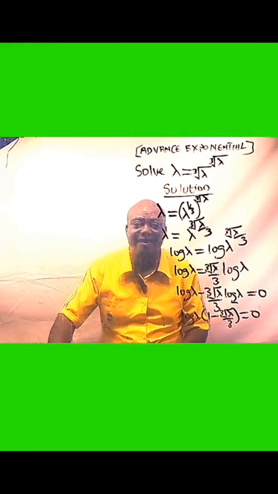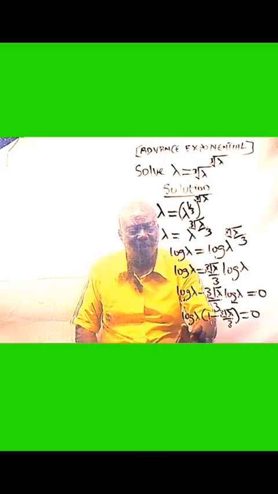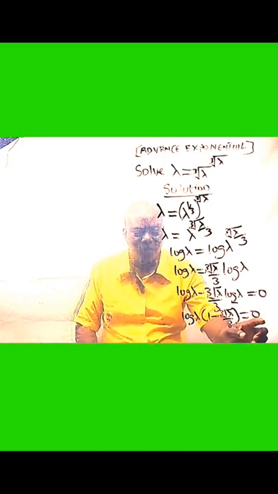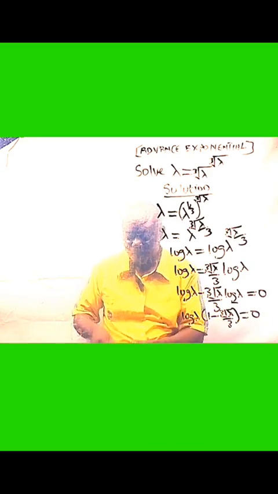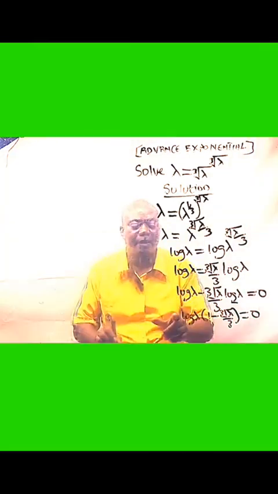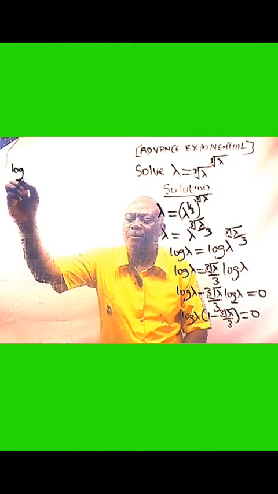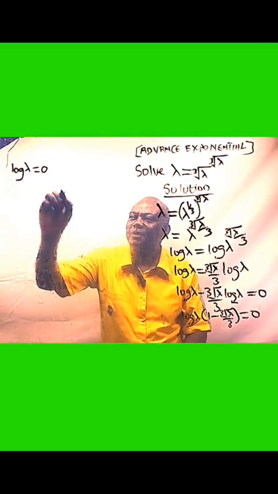It is getting interesting. So we have two cases here. For this to be true, log of lambda will be equal to 0 or 1 minus this equals 0. So let's take the cases one by one. In the first case, we have log lambda equals 0.